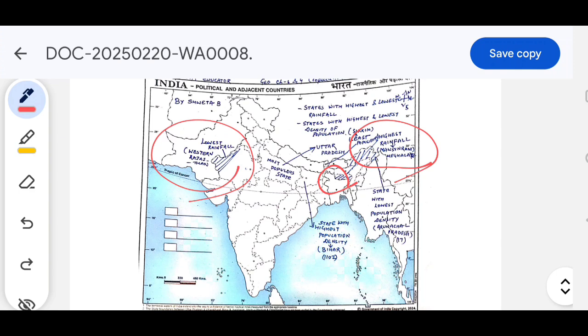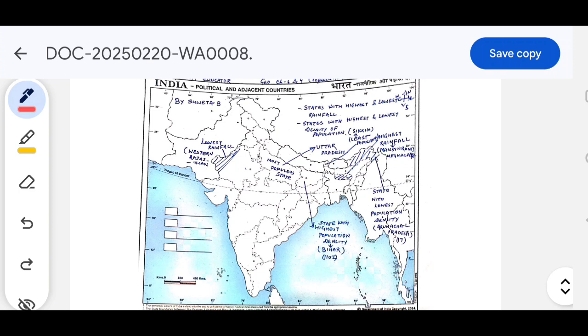Then we come to the population chapter, in which we see the most populous state, that is Uttar Pradesh. Then we have the least populated state, that is Sikkim. Sikkim is the least populated state. Then we come to density-wise.